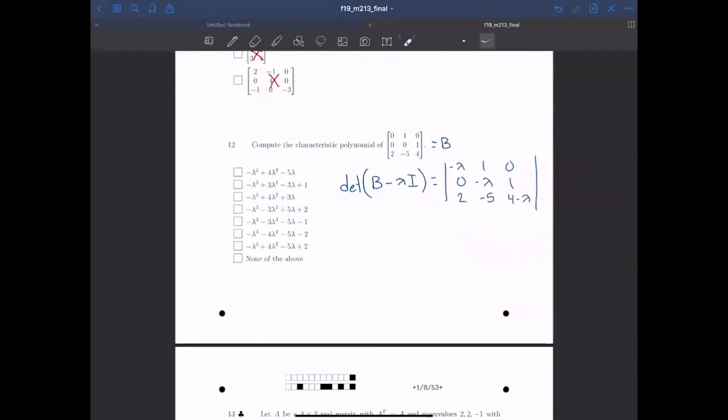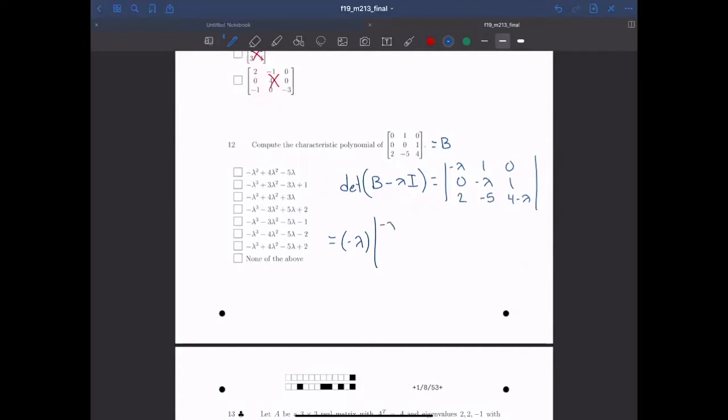I think Matt said cofactor expansion along the first column. So we'll do the negative lambda. This is in a positive spot, so it just stays negative lambda times the determinant of the matrix I get by crossing out the first row and first column.